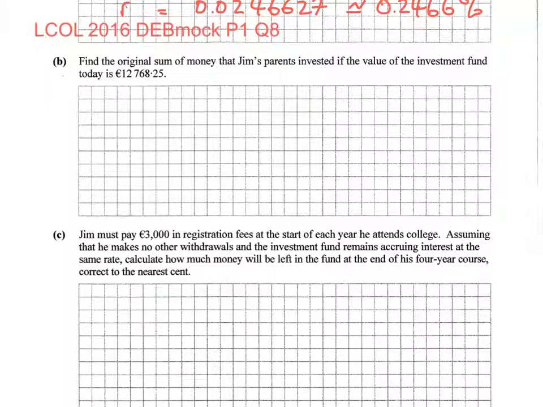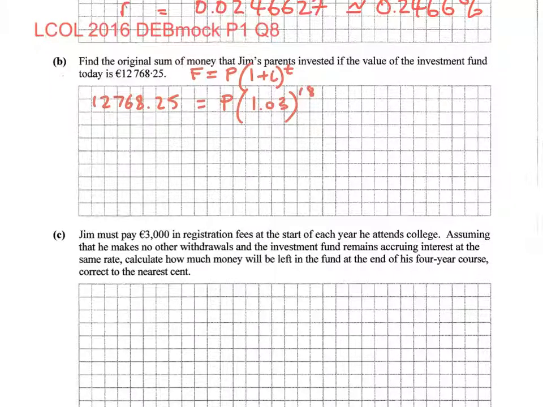It's in the formula books, and it's F equals P multiplied by 1 plus I to the power of T, where T is the number of years, I is the interest rate, P is the principal, F is the final amount. So in this instance, we have an equation which is 12,768.25 being equal to the principal that we want to find out at an interest rate of 3%, so it's 1.03 to the power of 18.